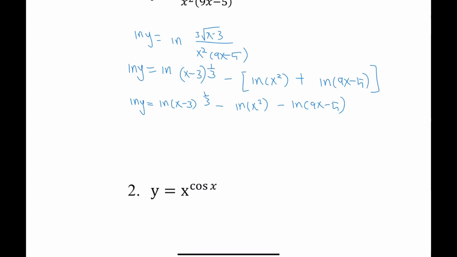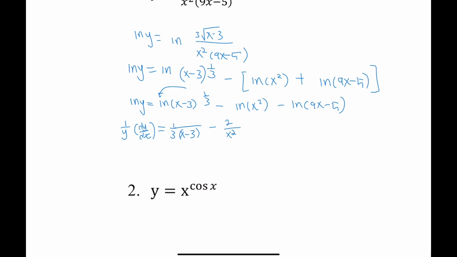Right, and then just take the derivative on both sides. So 1 over y times dy/dx equals, we can put the exponent on the outside, so 1/3, and then x minus 3 in the denominator, right? And then minus 2x over x squared.